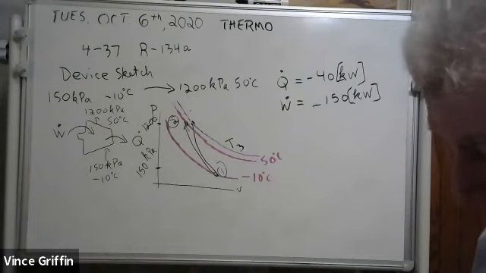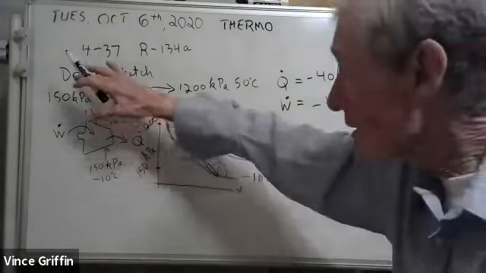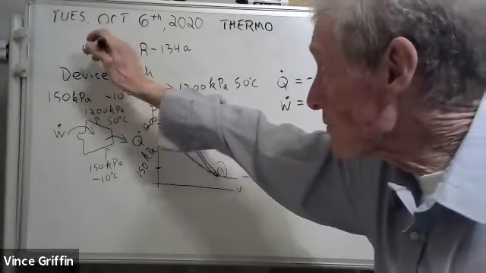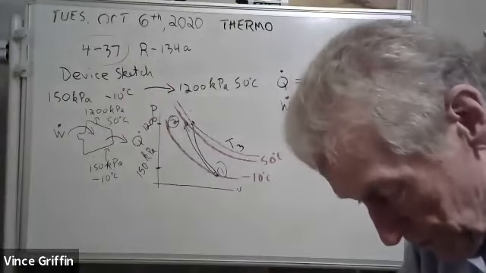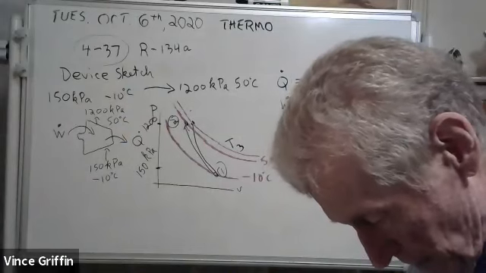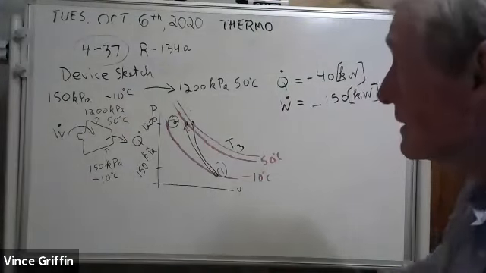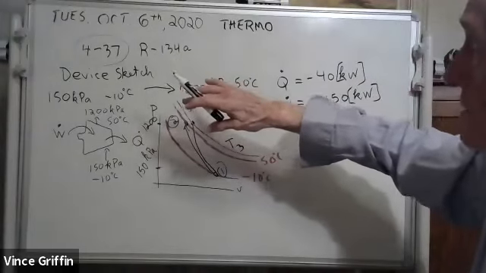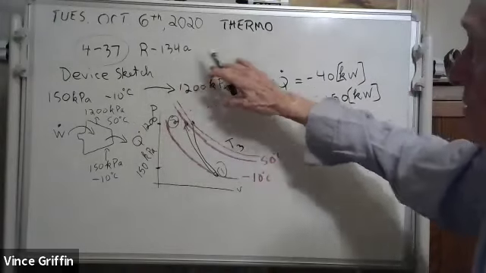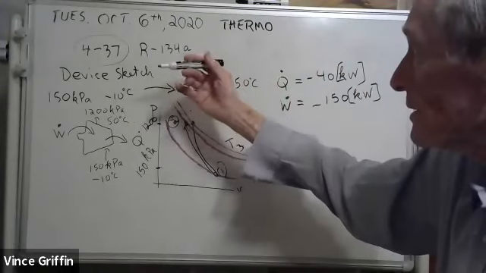Now, what did they want us to find? Let me read it. If you just woke up from a daydream, we're doing problem 437. They want the mass flow rate. Well, back to the first law. I shouldn't have erased it, but there's some room right here.